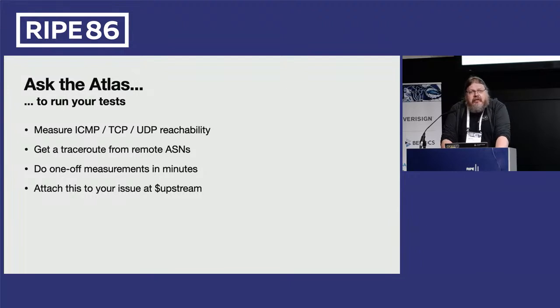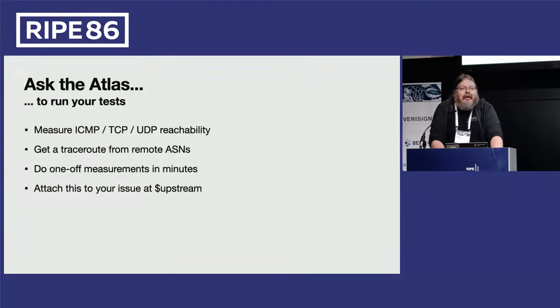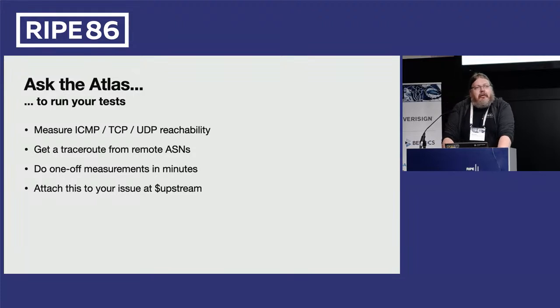You can run repeated tests, for which you pay credit, which we will see later. So you can run your test every 5 minutes, every 10 minutes, every hour, if you want to watch for certain reachabilities or for certain tests.